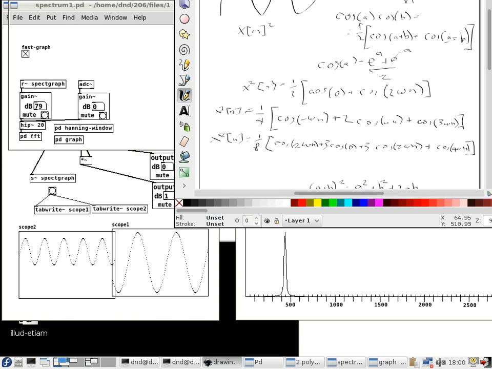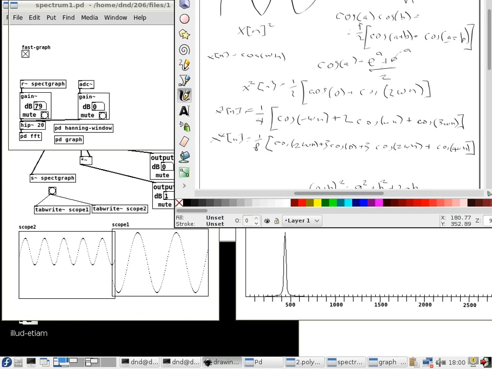Just for reference, x is cosine omega n. So now we're going to multiply cosine of omega n by this. First off, cosine omega n times the cosine of 0 is cosine of the difference, minus omega n, plus the cosine of the sum, cosine of omega n.